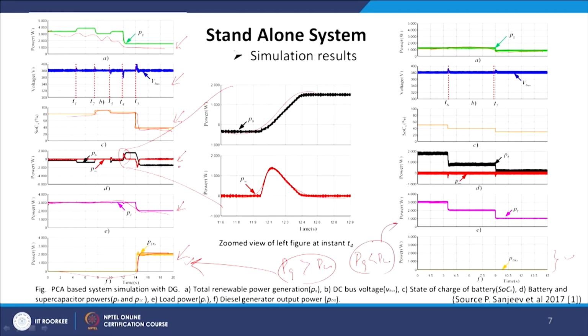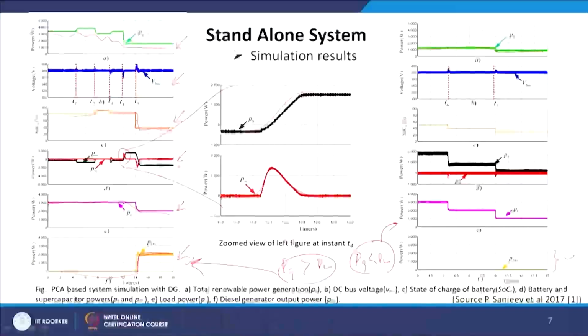So, it is certainly clear that when your generation is more than load, then the diesel generator may not be brought into the system operation, whereas when the generation from the renewables is less, the DG comes into play. But the characteristics depend on the battery status and how they have been designed. So, we can clearly see only when the battery falls below a particular SOC, then the DG comes into active operation.